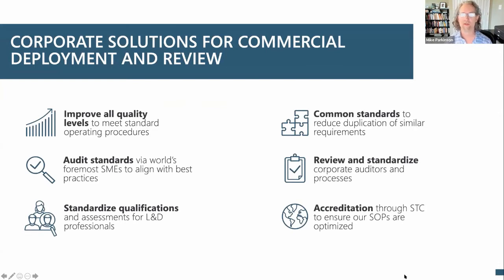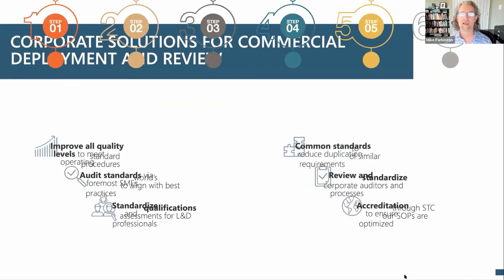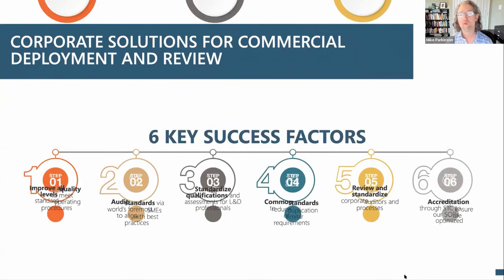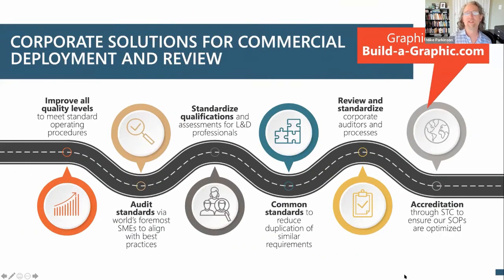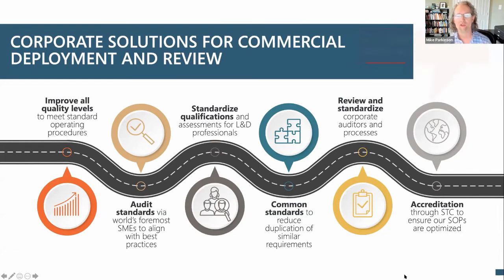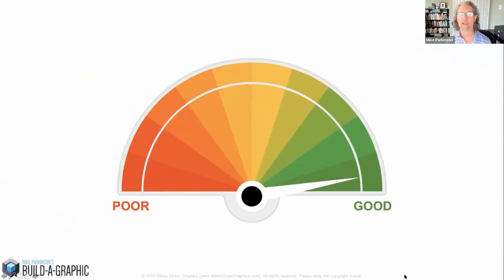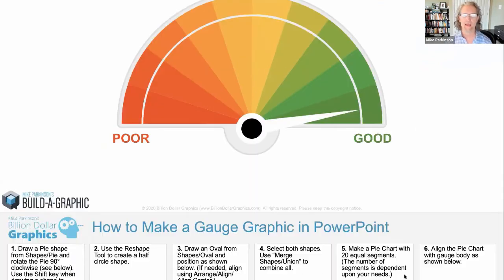Now I could use maybe a step-by-step graphic that helps me reinforce the idea that it's 6 key success factors. Or maybe we want to use a road metaphor to show that it's a journey from number 1 all the way to number 6. So I'm using my graphic cheat sheet to figure out another way to show my content. Or maybe I want to use a gauge graphic or something like that.